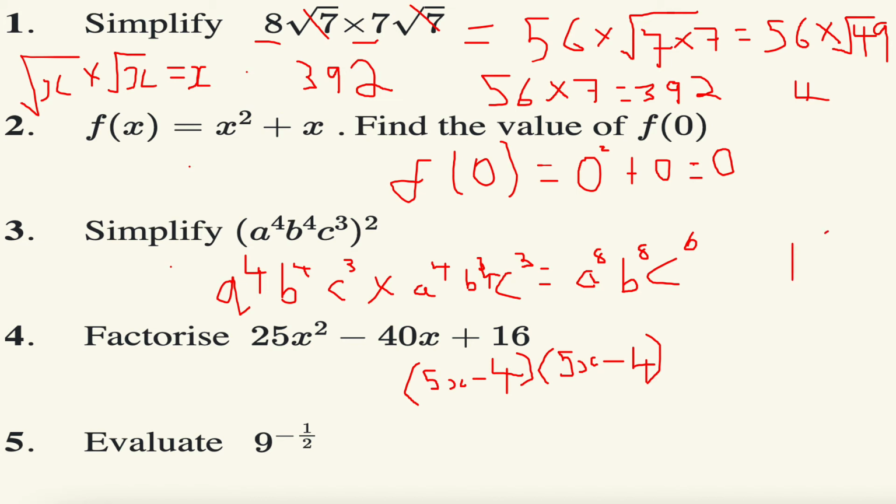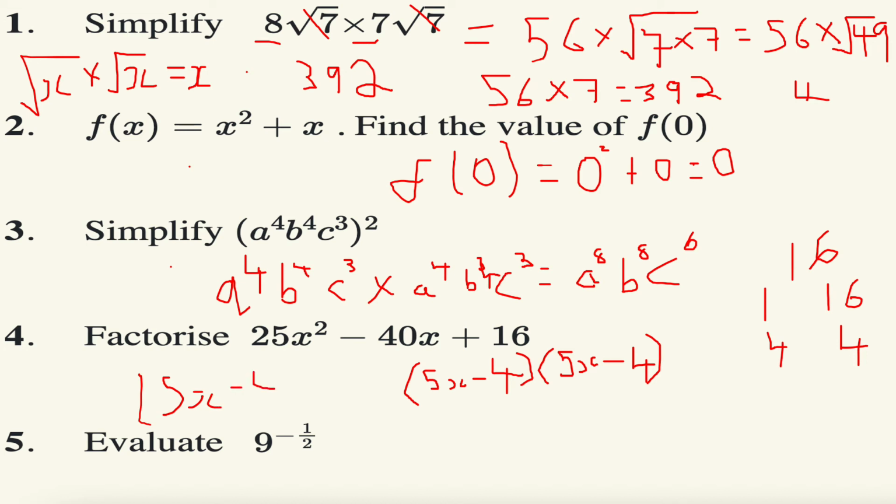I look at the factors of the end number, and because the coefficient in front of the x squared is bigger than 1, I've got to be very careful that I'm timesing it by either 5x or 25x, depending on which bracket I would have used. So I can just write that as 5x minus 4 all squared.